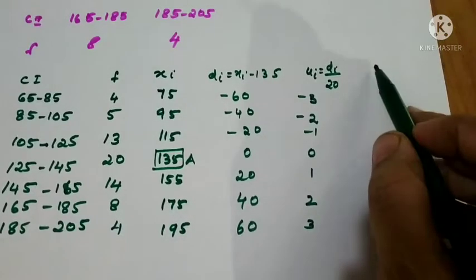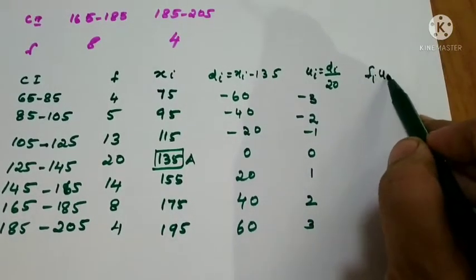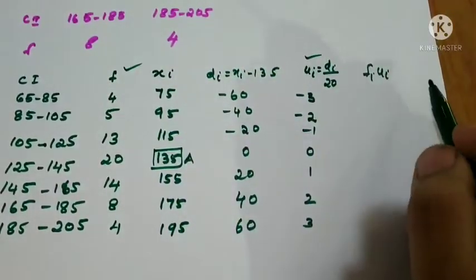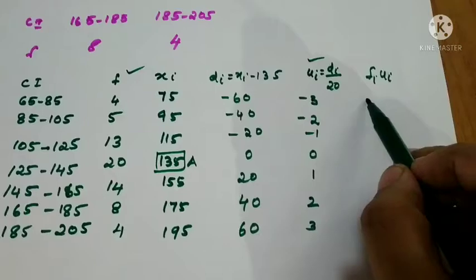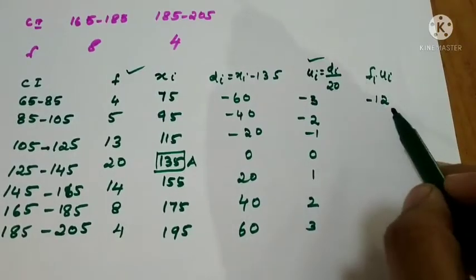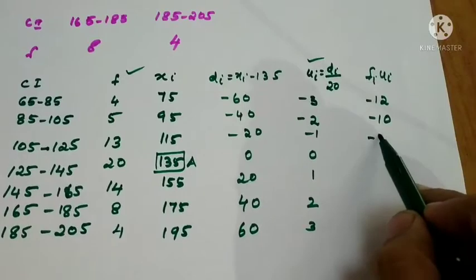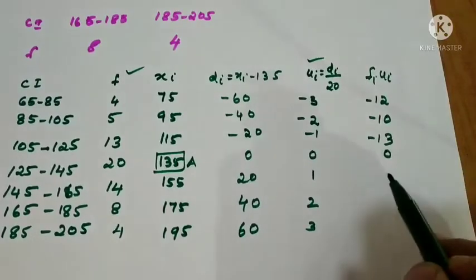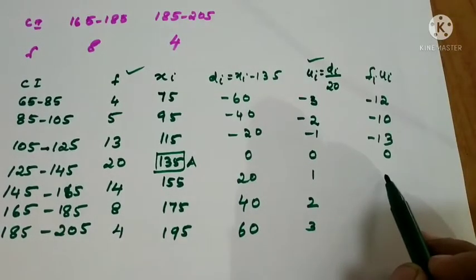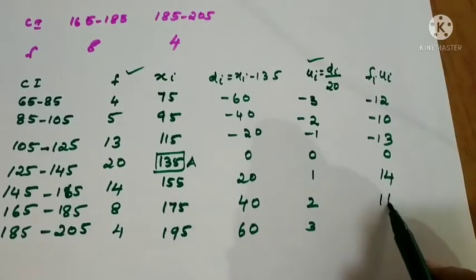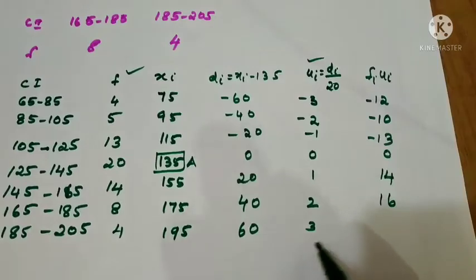What is the next column? fi ui. So just I'll put the tick mark. So minus 12, 5 into minus 2, that is minus 10, minus 13, 0, 14 into 1, 14, 8 into 2, 16, then 4 into 3, 12.